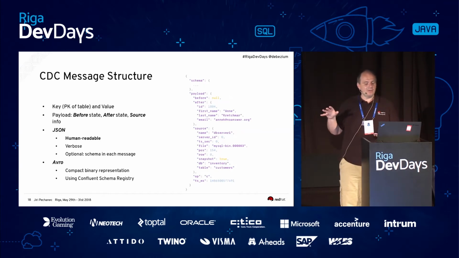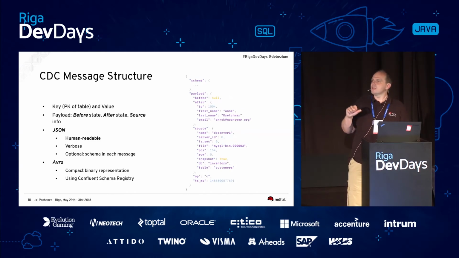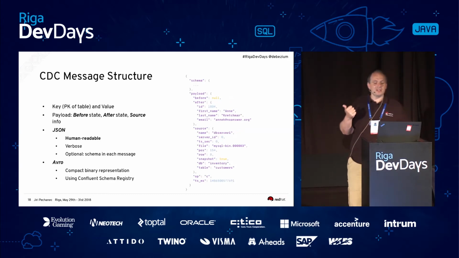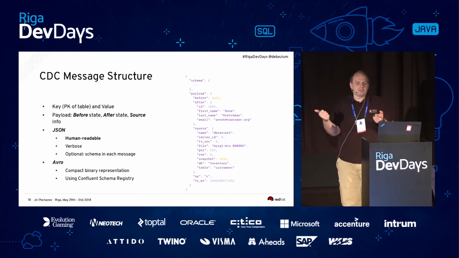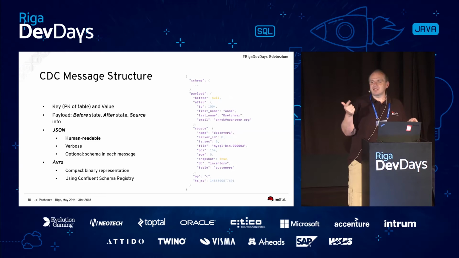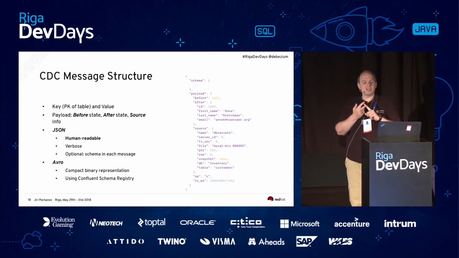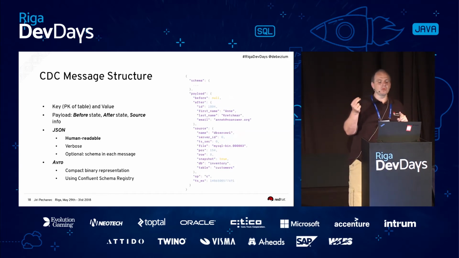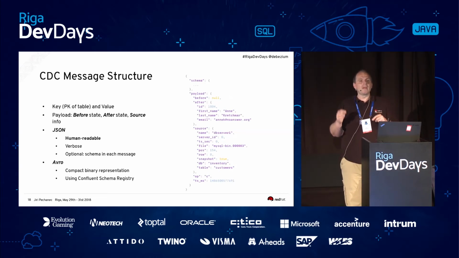The message itself can be serialized into two formats. The first one is JSON, with its own advantages and disadvantages. It's human readable. Everybody likes it. The problem is that it's quite verbose. What is quite important is that you can have a schema included in the JSON. This is an optional feature.